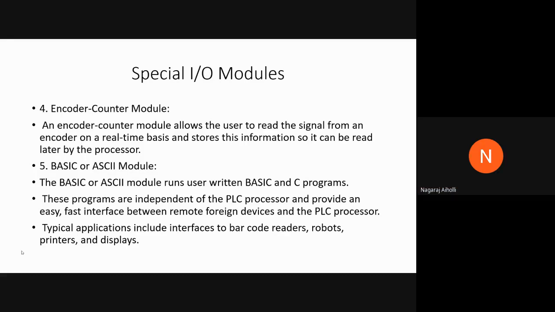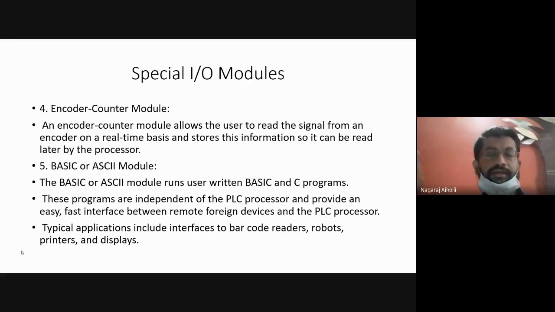These programs are independent of the PLC processor and provide an easy and fast interface between the remote devices or foreign devices and the PLC processor. There is a PLC processor, right? And this PLC processor controls the device which is far away, at some other place. It is a remote device.